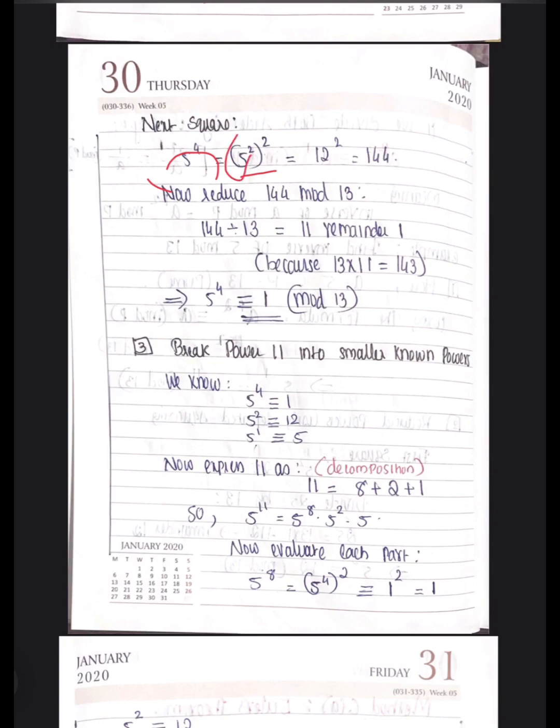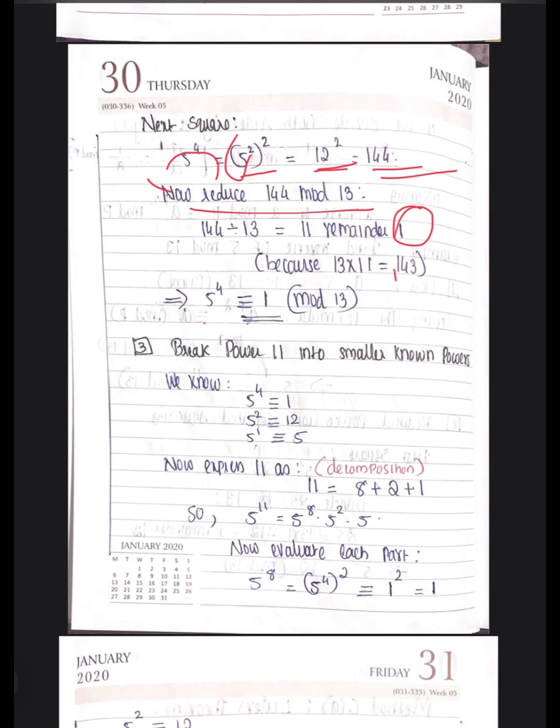Therefore we substitute the 5 squared value: 12 squared. Then the value becomes 144. Now reduce 144 mod 13. 144 is divided by 13, and the remainder becomes 1. So 5 raised to 4 is congruent to 1 mod 13.